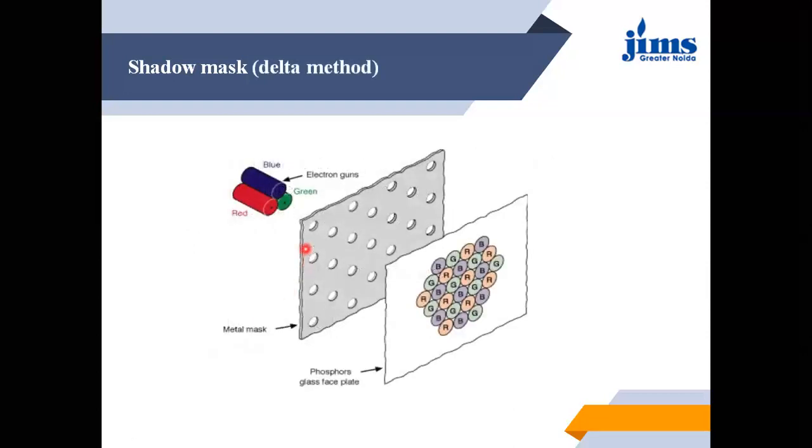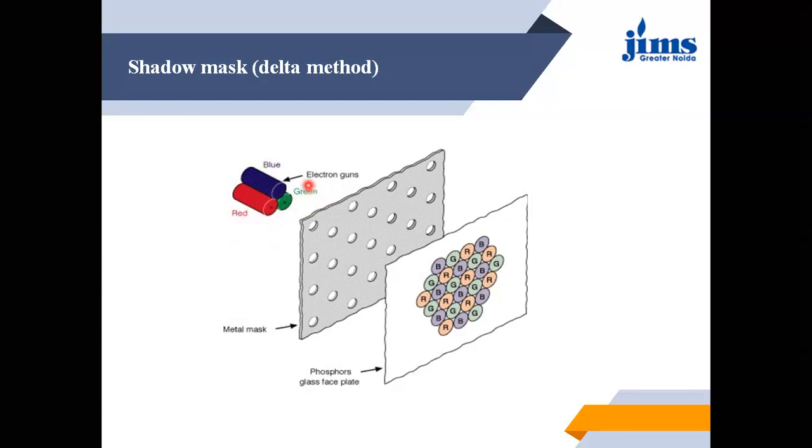In the delta method, the electron gun has three different beams, one for blue, one for red, and the third for green.